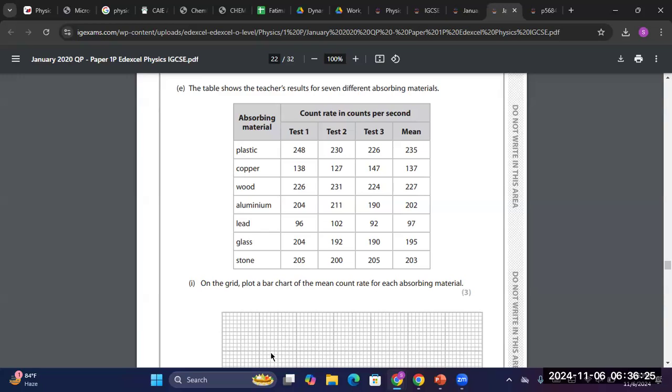Let me share the graph with you. I want you guys to go ahead and draw the graph over here.